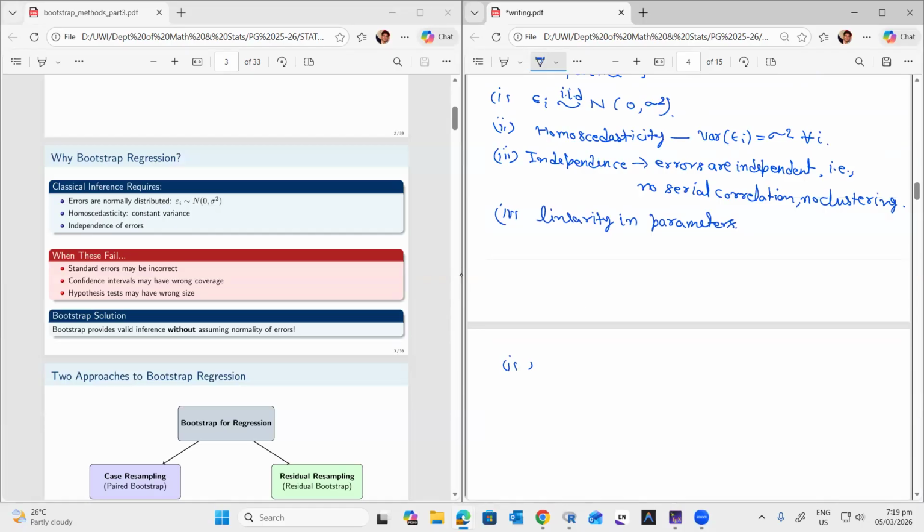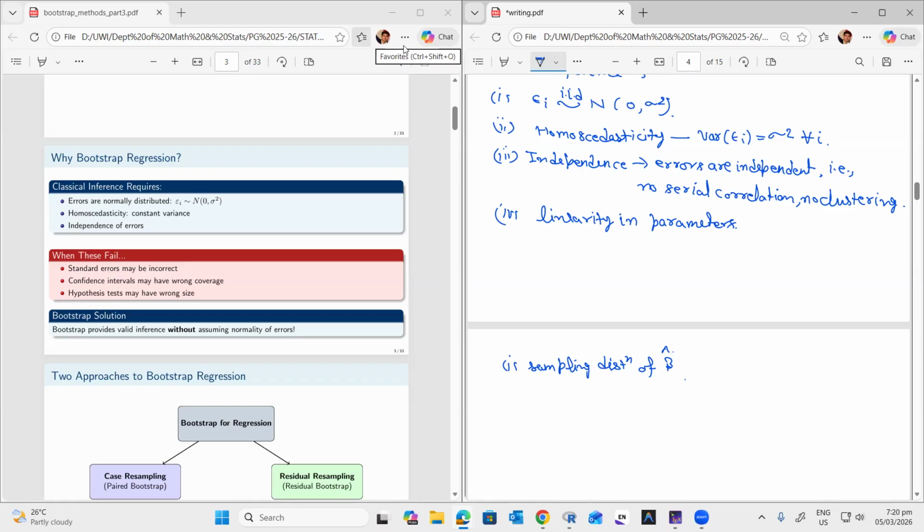What are the assumptions with respect to beta that we have when we are studying the linear regression model? We assume normality, right?